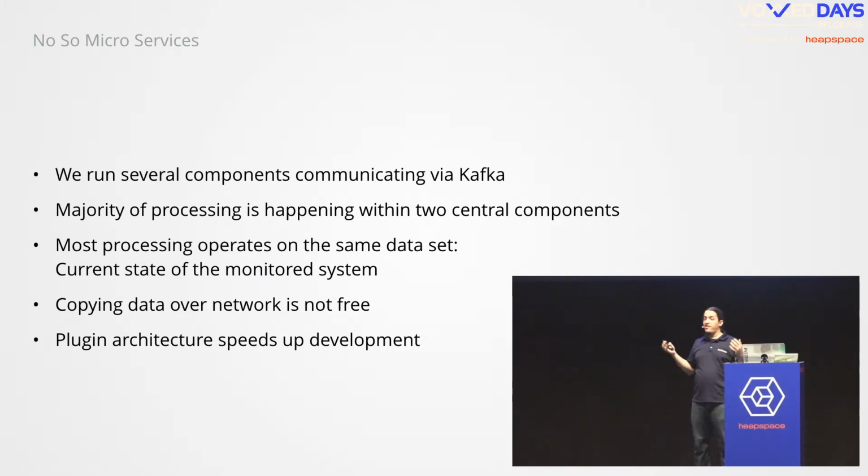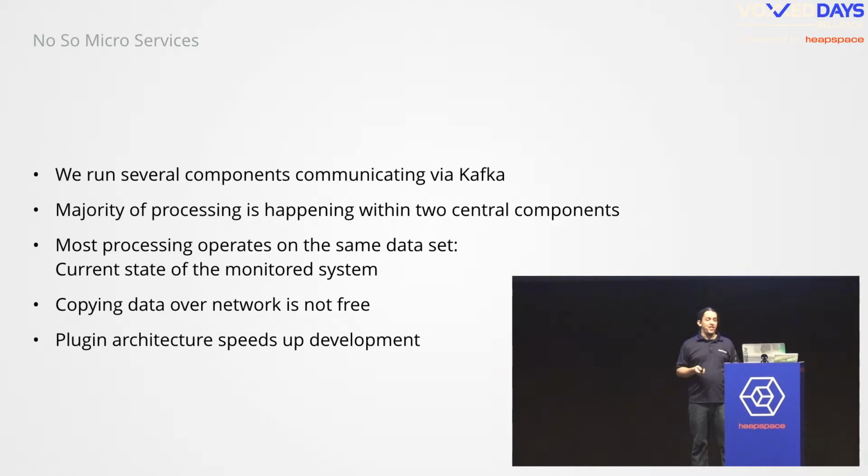Yes, so as I mentioned, those are not so microservices. They are all communicating via Kafka. But when we have like our heart and our brain, they have a lot of responsibility. Internally, they are, of course, modular, but they act as one Java virtual machine.